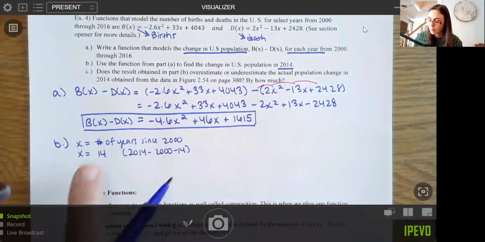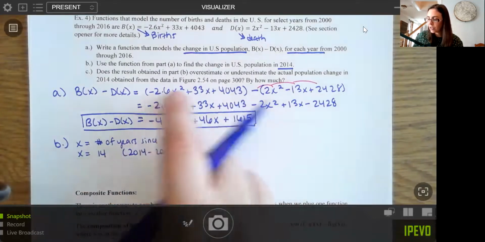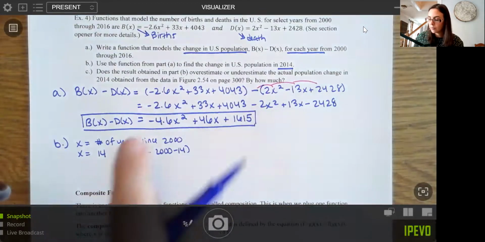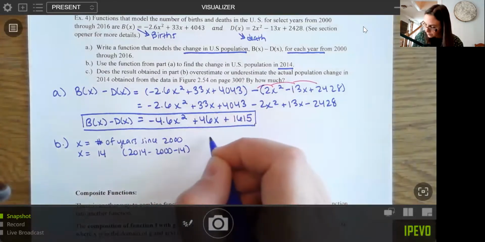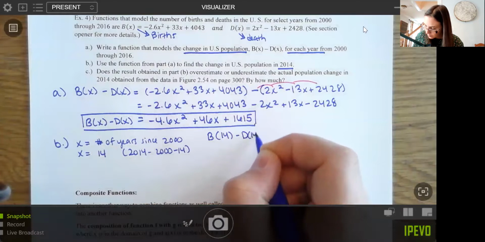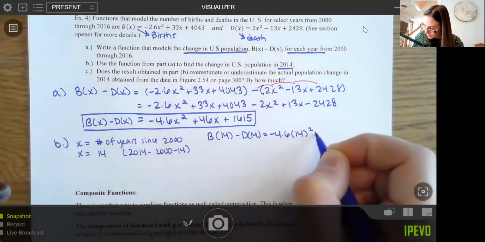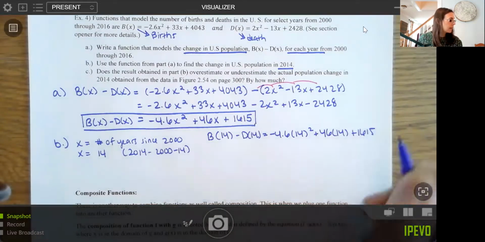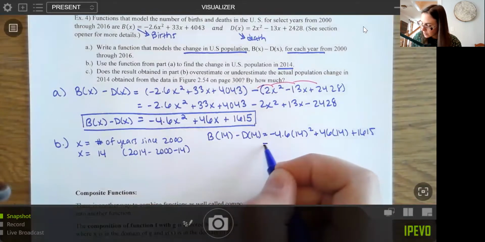Now, like I said in a previous video, you can either plug it into the final function, or you could actually plug it into each function individually and then subtract those values. It's usually easier just to plug it into the final function if you have it. So I'm going to go ahead and do that. Okay, so I plug that in, and then I'm going to simplify using order of operations.